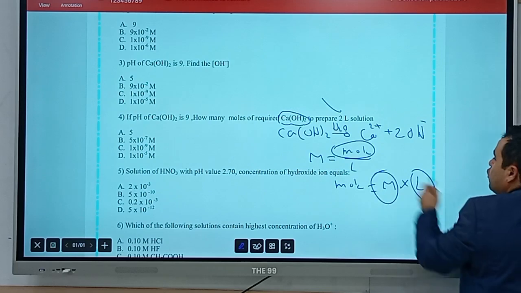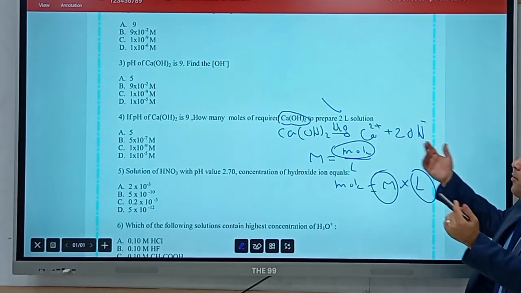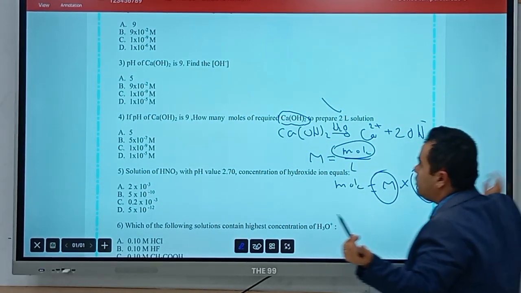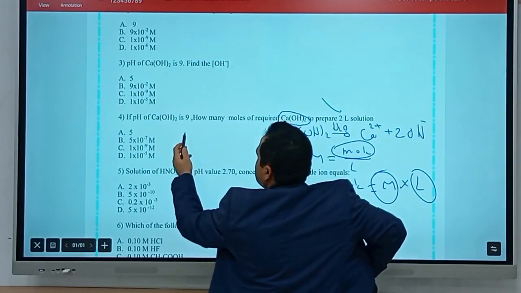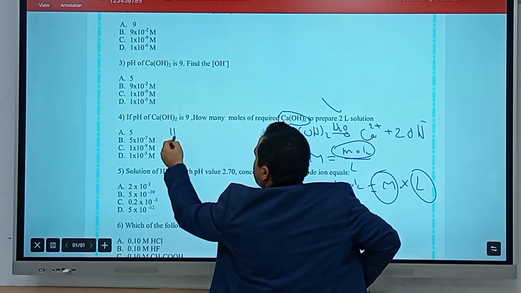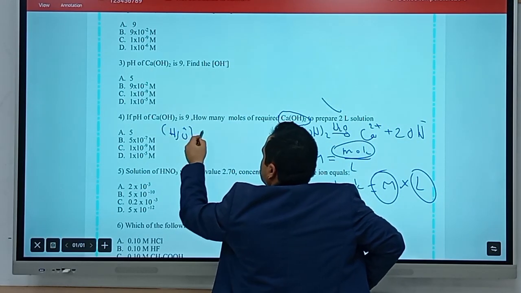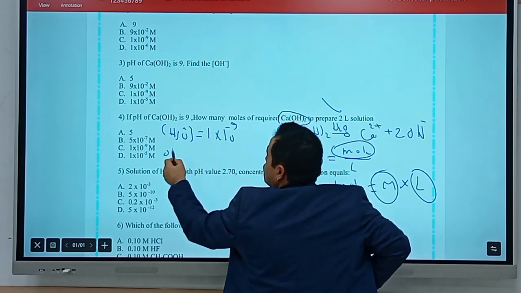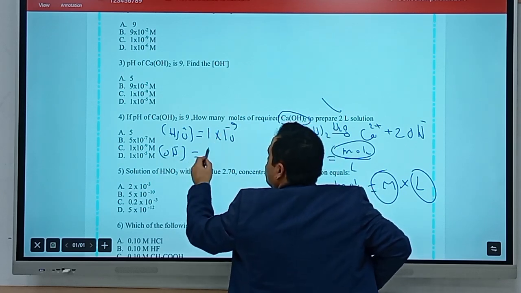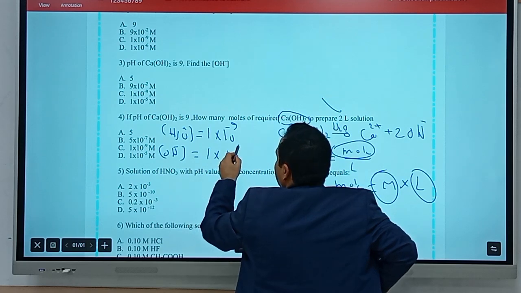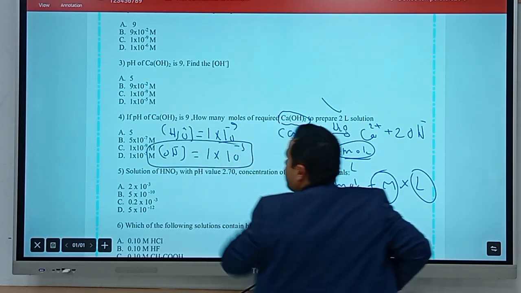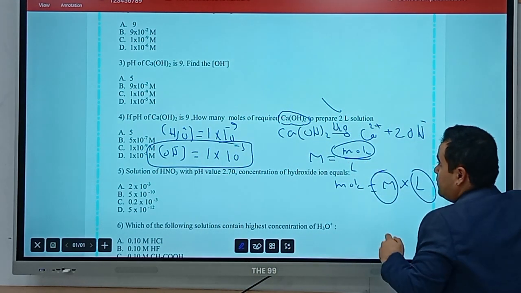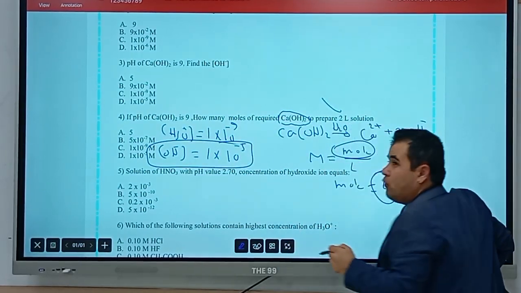But how do we calculate the concentration of calcium hydroxide? Through the given pH. The pH can be used to calculate the hydronium. Hydronium is equal to 1 times 10 to the power minus 9. The hydroxide is equal to 1 times 10 to the power minus 5. This is the concentration of hydroxide.